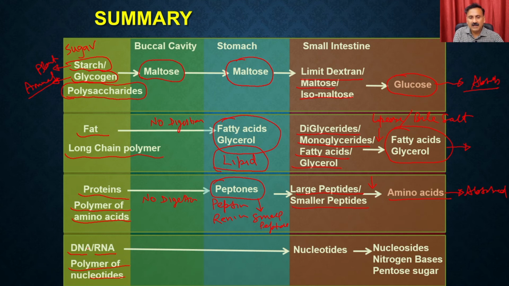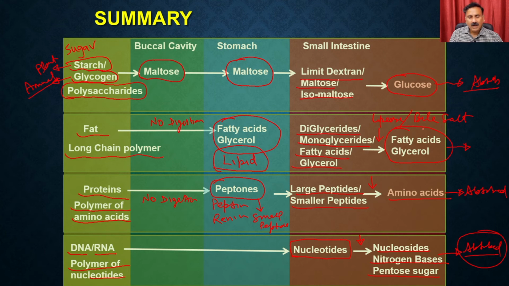Once the DNA and RNA enter the small intestine, they are converted by different types of enzymes into nucleosides or nitrogenous bases as well as pentose sugar, and all these are absorbed within the small intestine. So all the nutrient material is going to be absorbed by the small intestine.